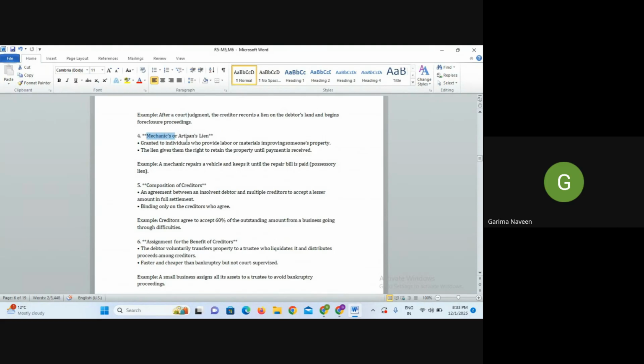Next is mechanic or artisan lien. It is basically granted to an individual who provides labor or material improving someone's property. So if someone is providing their labor, like doing work on someone's property, or providing some material, the lien gives them the right to retain the property until payment is received.